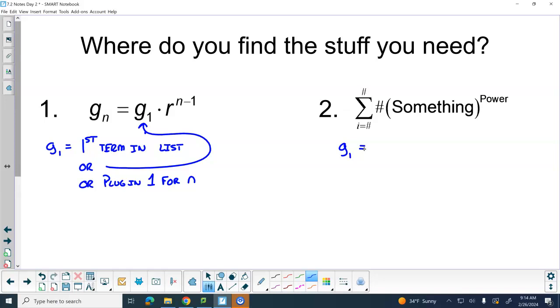How do I find the first term given sigma notation? By the by, sigma notation hasn't changed from the last time we talked about it in arithmetic. All of those rules still apply. Sigma notation, how do I find the first term? I plug the bottom number into my rule.